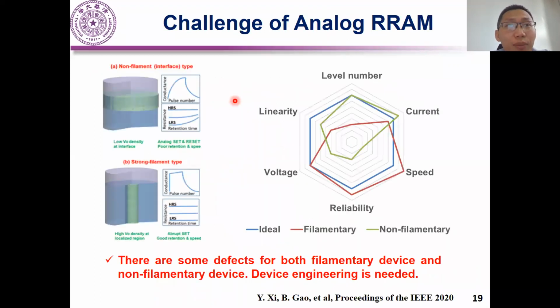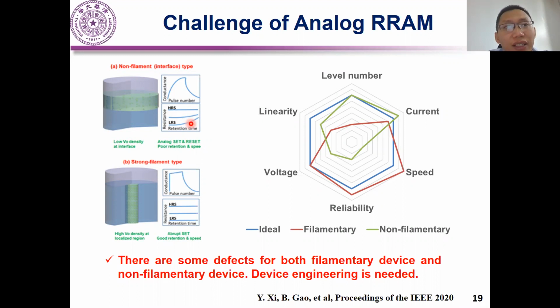Although some types of analog RRAM devices have been developed in previous work, realizing stable analog switching is still a difficult task. Many previous devices were based on an interfacial switching mechanism. These non-filamentary type RRAM devices easily get analog switching behavior, but the retention is poor.